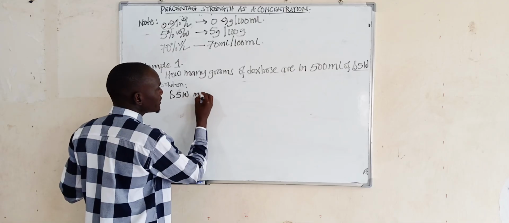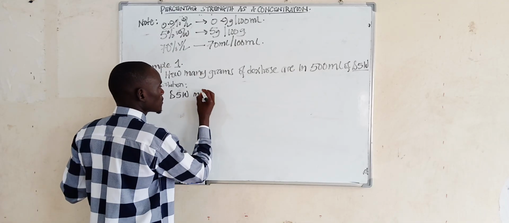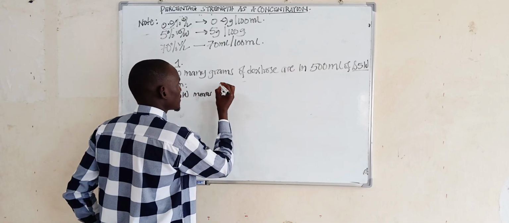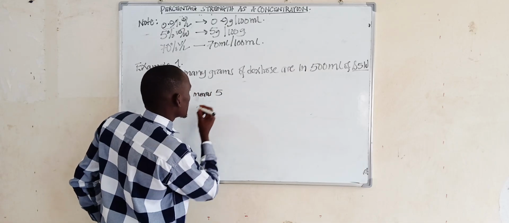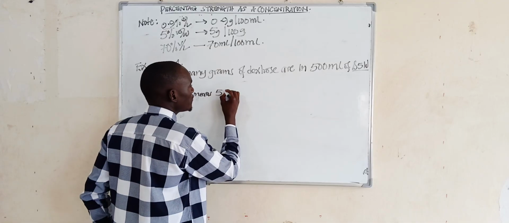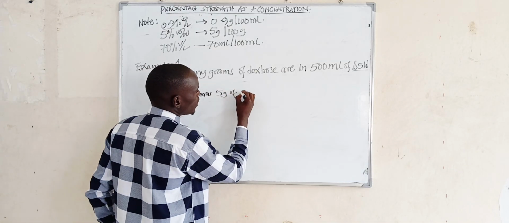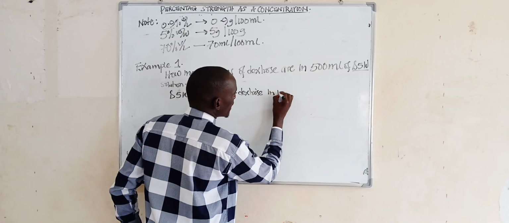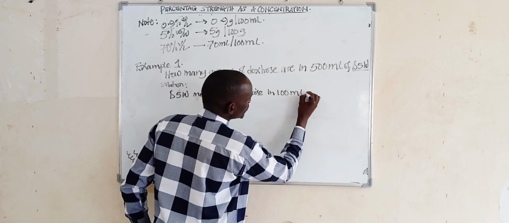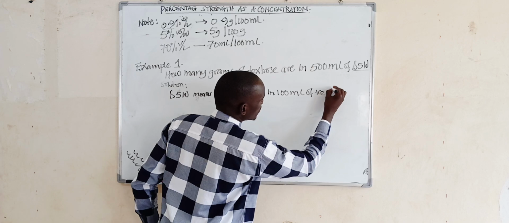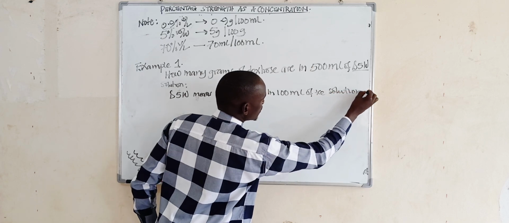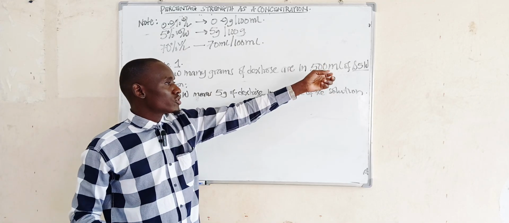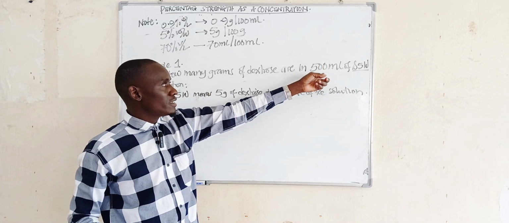D5W means that 5 grams of dextrose is in 100 mils of the solution. But our aim is to find out how much dextrose is in 500 mils.